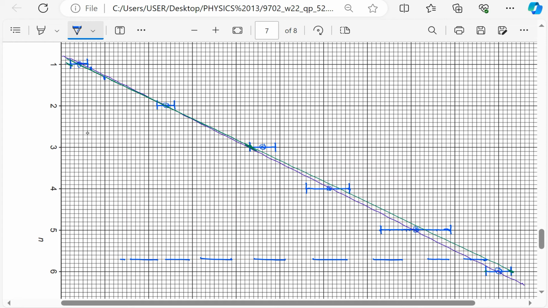So for green, I'm using this one. And then for the blue, I'm using this one.